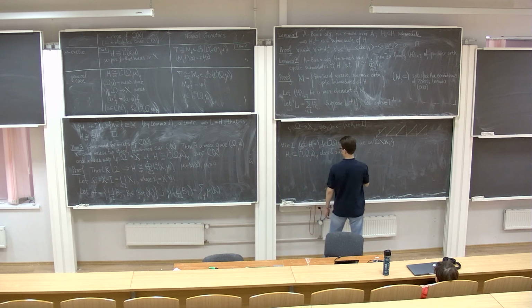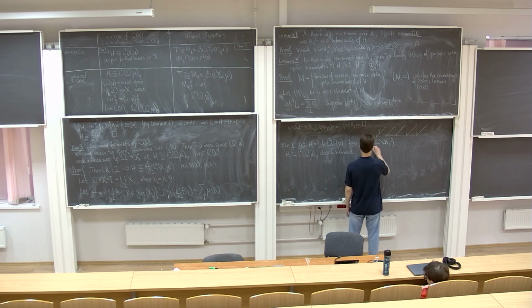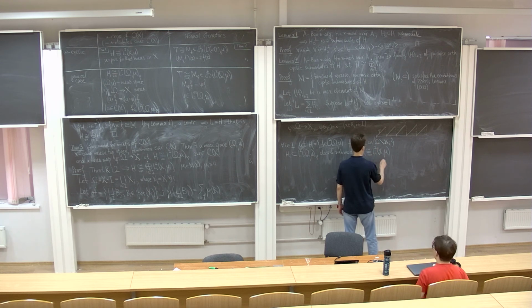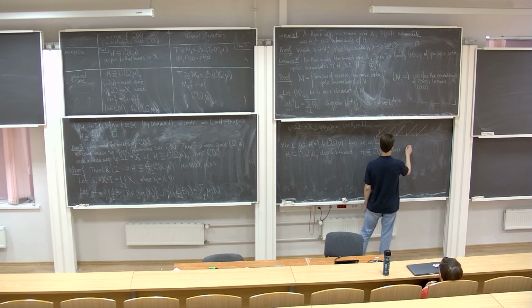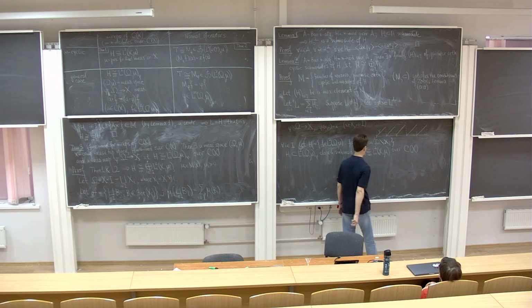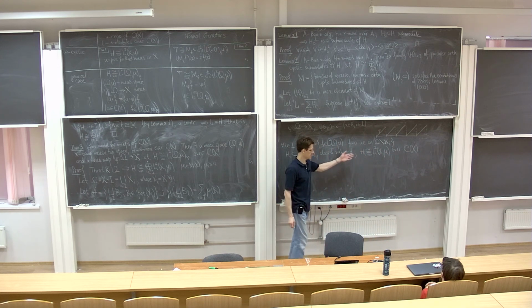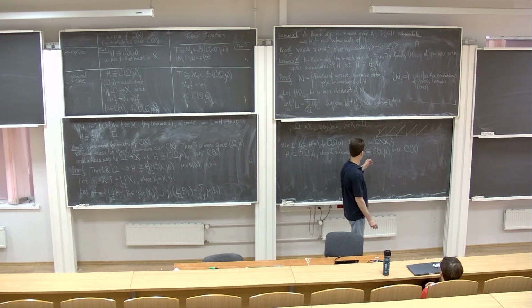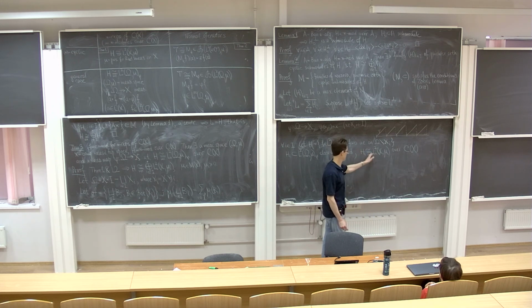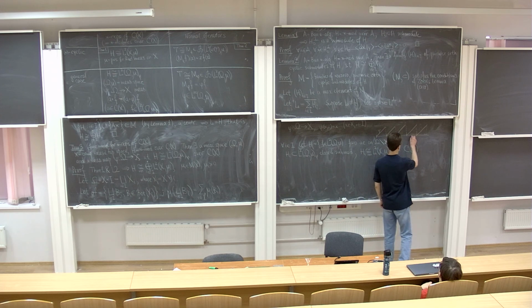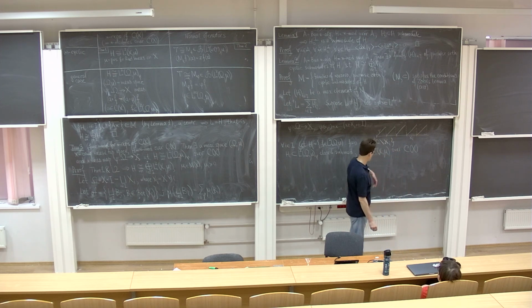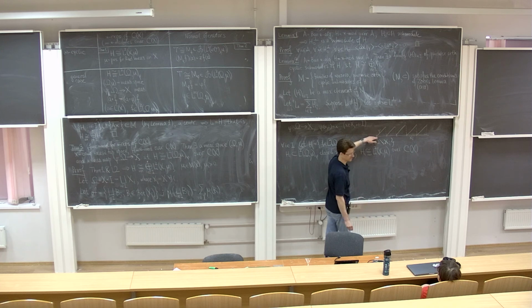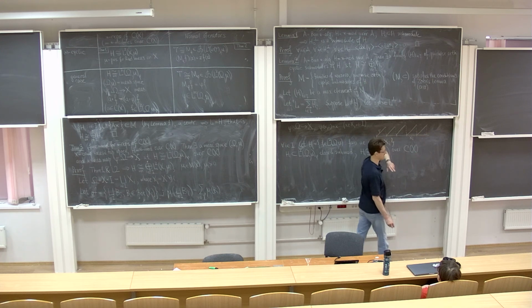And moreover, this submodule is unitarily isomorphic to L2 of x, mu i, or C of x. The isomorphism is obvious. We just take a function in here, so it is already defined on the ith copy of our space, and we extend it by 0 outside xi.